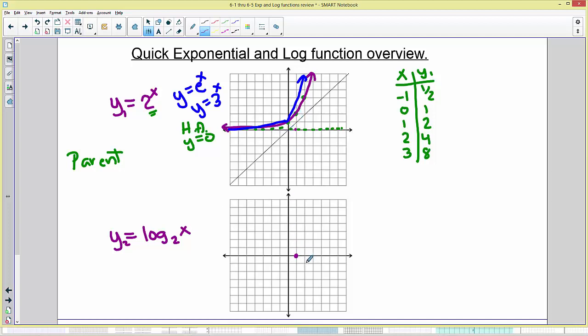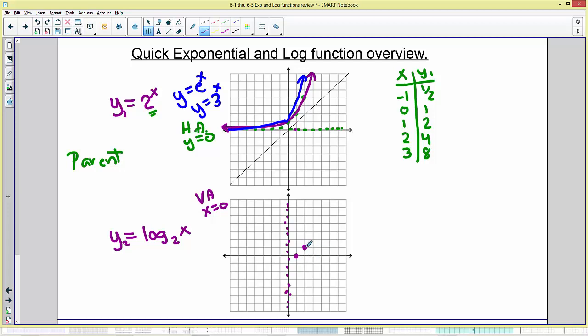So it becomes 2, 1. And instead of a horizontal asymptote, of course, logs have a vertical asymptote. So this vertical asymptote, this VA of x equals 0, is the same for all parent log functions. That means no transformations. And this point is always the same for all of them. It's just this point that varies here.